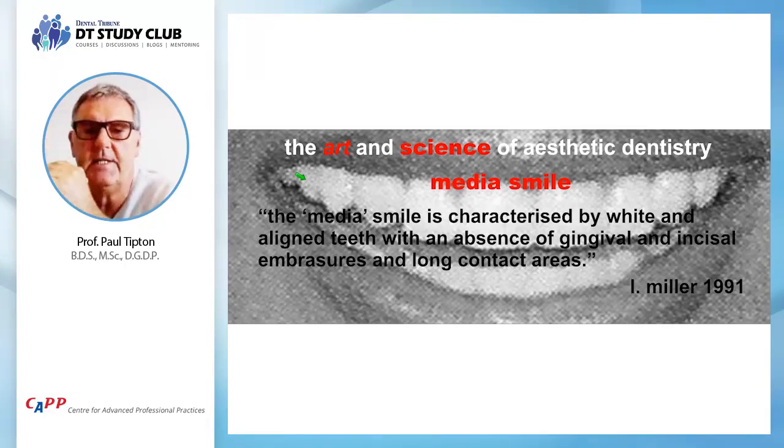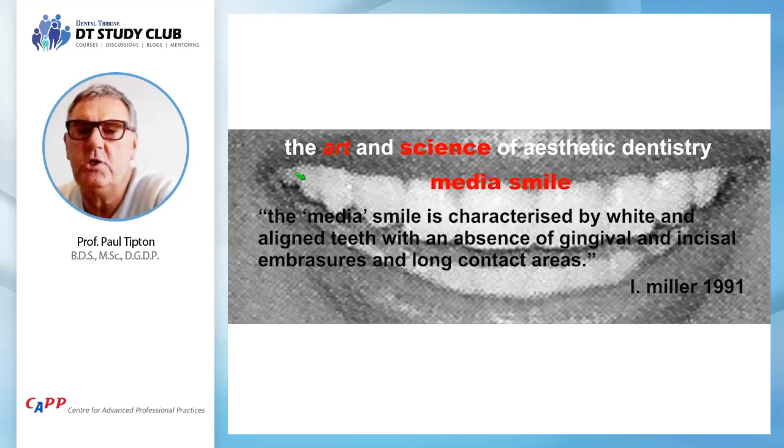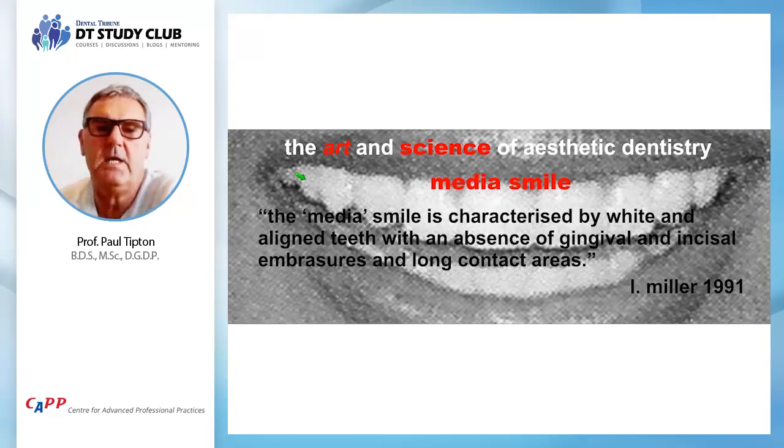As you can read it yourself, the media smile is characterized by white teeth, overtly white teeth that are whiter than normal. Beautifully aligned teeth, so they are totally symmetrical. With an absence of gingival incisal embrasures, which means the teeth are very, very long. And this is what your typical appearance of cosmetic dentistry brings you.